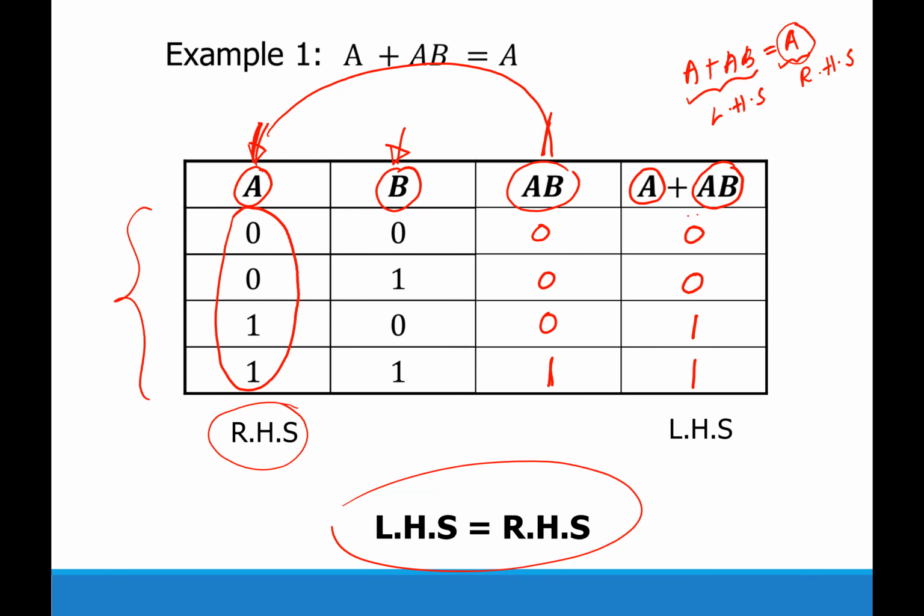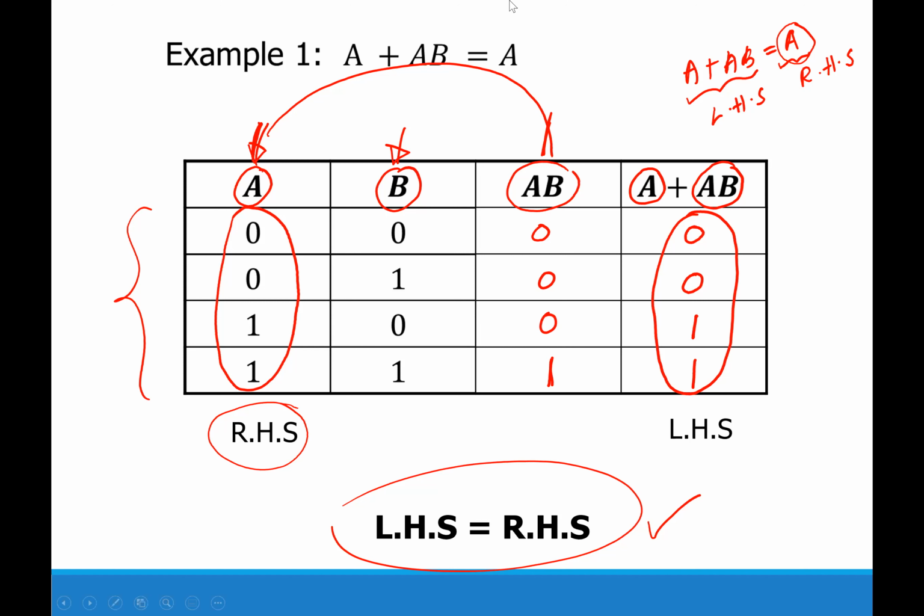And also we got values for A plus AB equal to 0, 0, 1, 1. Okay. So you can see for the left hand side and right hand side, we got the same values. So from this truth table, we can write left hand side is equal to right hand side. So we can see that our equation is true.